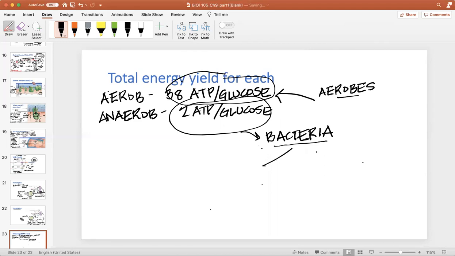Now, I did want to mention a couple of different vocabulary terms. If you are an anaerobic organism that only does anaerobic respiration, you're called an obligate anaerobe.